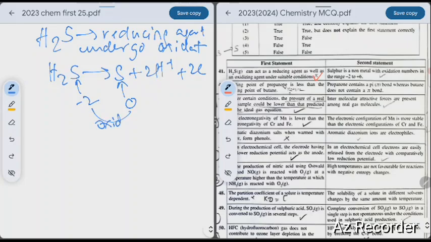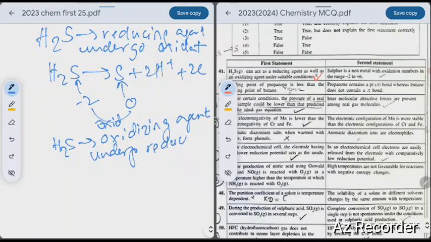And also H2S can act as an oxidizing agent. H2S as an oxidizing agent means it undergoes reduction. So how is H2S reduced? H2S is converted to H2 plus S2-.